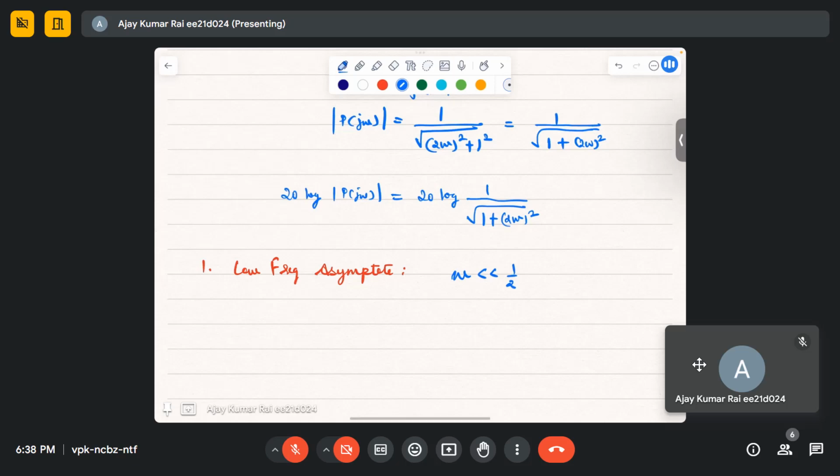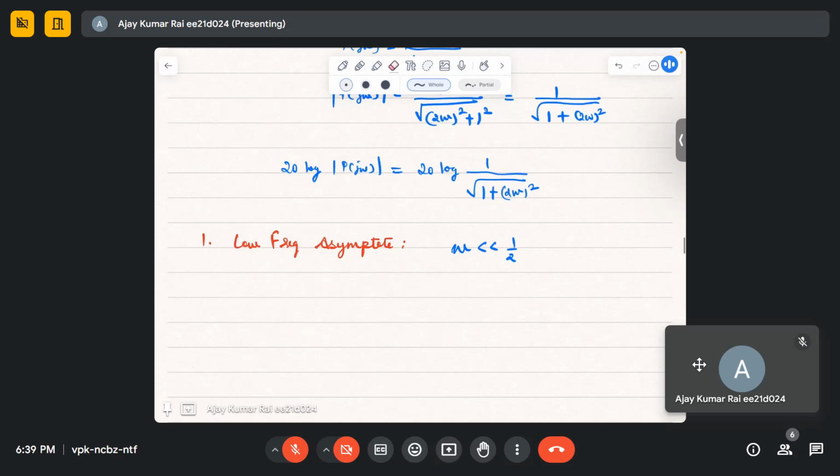If you compare 1 and 2 omega, this will be very small, so we can neglect it in terms of 1. So 2 omega is very much less than 1, right? That's why we can neglect that.